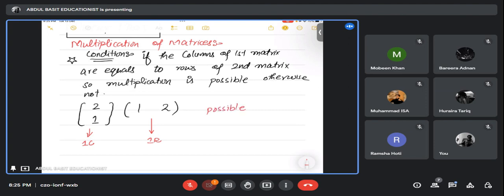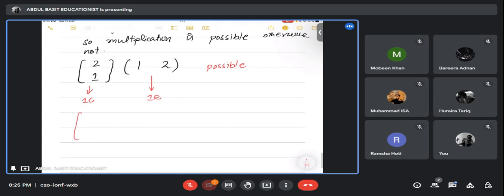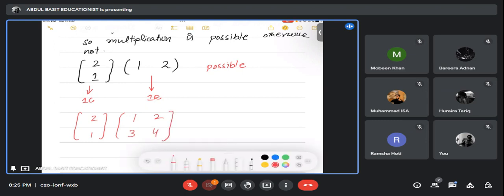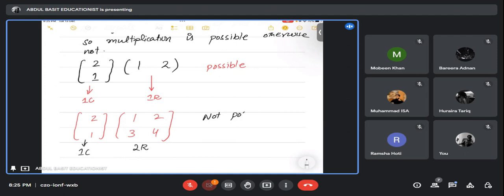Multiplication is possible. For example, if the matrix is something like that, as I can see now, this matrix has only one column, but this has two rows. So multiplication not possible.